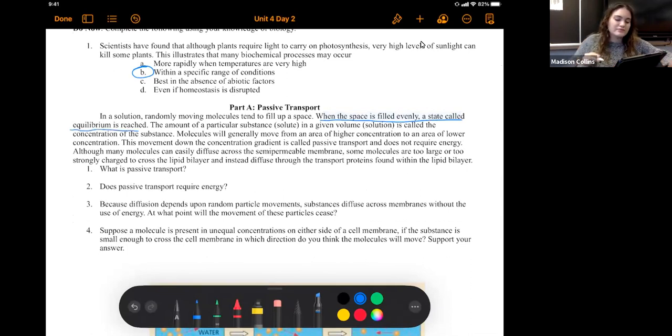Or highlight. The amount of a particular substance, also known as a solute, in a given volume, which we call the solution, is called the concentration of the substance. So the concentration, we're talking about how much solute is in a solution.